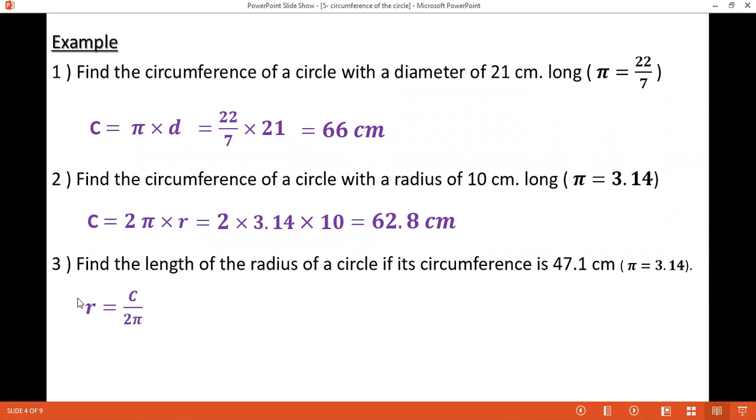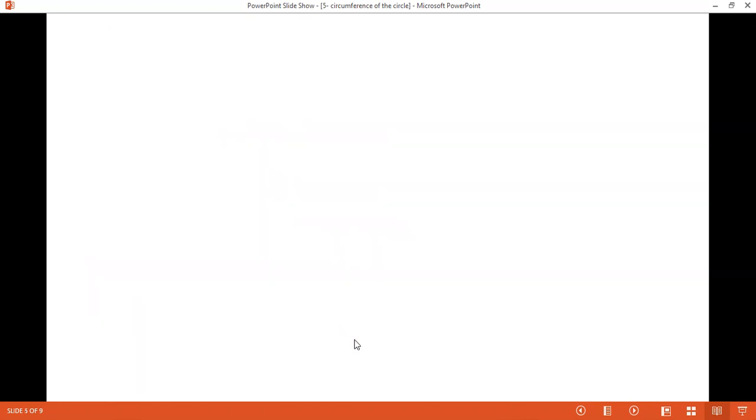What should I do? Radius equals circumference over 2 pi. Here the circumference equals 47.1 over 2 multiplied by 3.14. Okay, that's all. The answer will be 7.5.